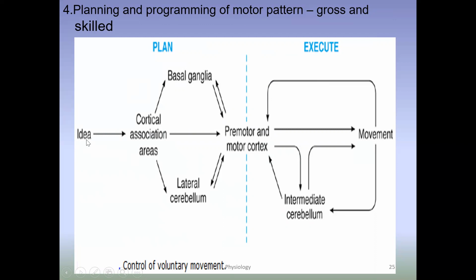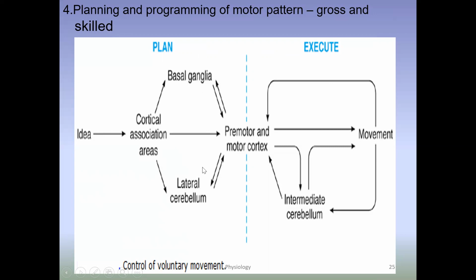That idea, that thinking, is sent to the cortical association area, and that idea, that you have to lift that particular weight, is sent to the basal ganglia. One copy is sent to the premotor cortex and motor cortex, and one copy is sent to the lateral cerebellum. So the basal ganglia and the lateral cerebellum, both together, are helpful for planning and programming.